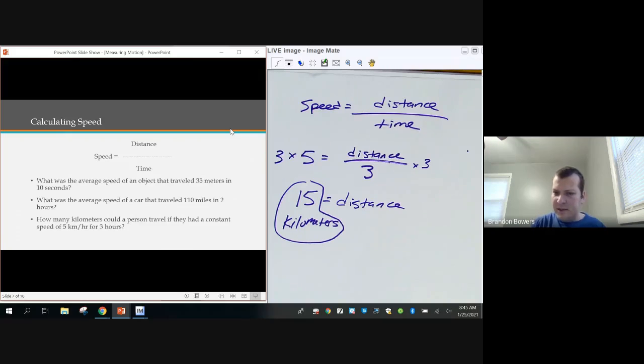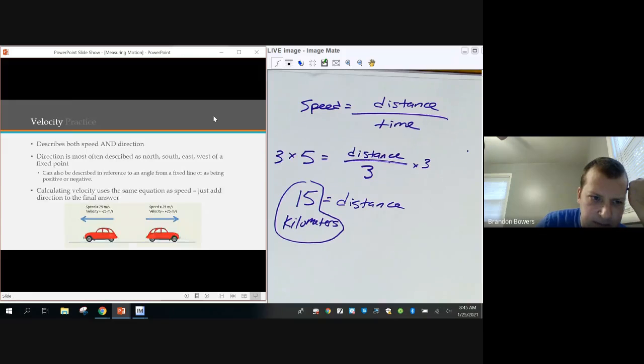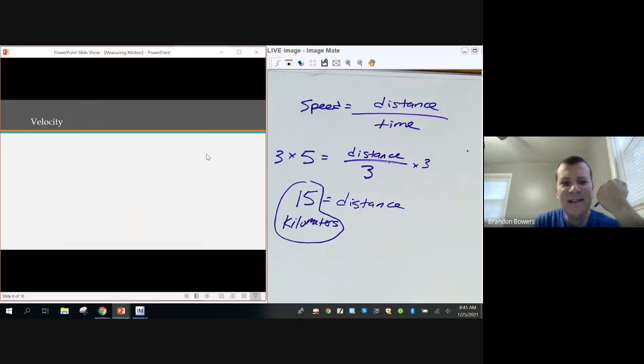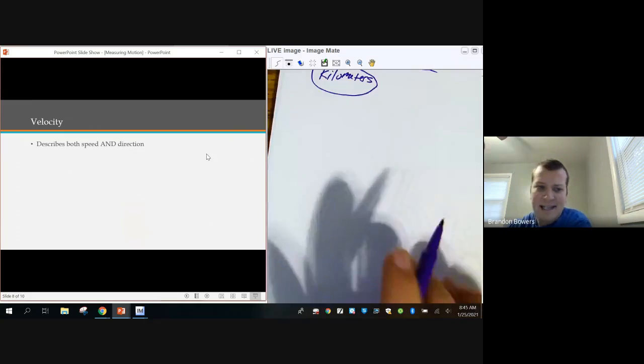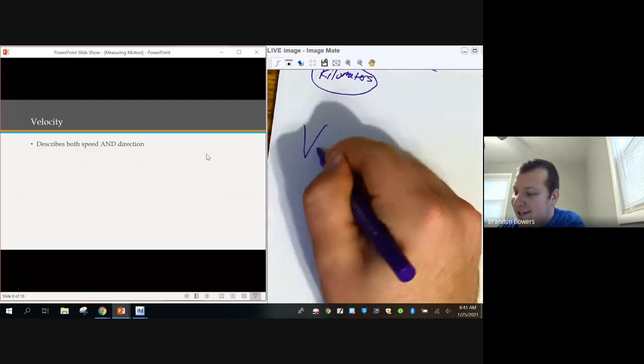So hopefully using this equation, it's pretty straightforward. Okay, speed is equal to distance over time. Now velocity, this is the last one, I'm pretty sure. Velocity, the only difference is velocity has a speed and direction. So that's key.